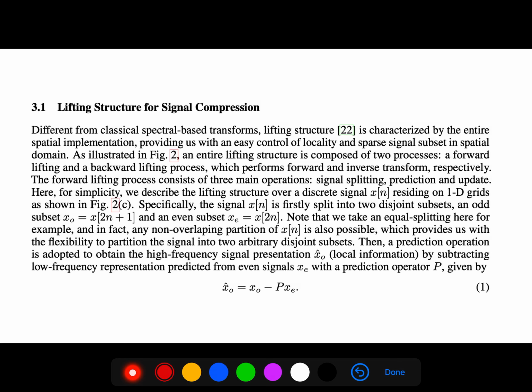Then a prediction operation is adopted to obtain the high-frequency signal representation by subtracting the local representation prediction from the even signal. For example, in elementary mathematics, you write the Taylor series of a function in terms of sine, and then we have a set of low-frequency terms, and when the coefficient order becomes higher, we have high-frequency terms, and the split is up to you.